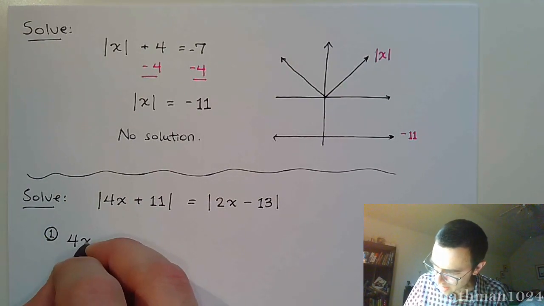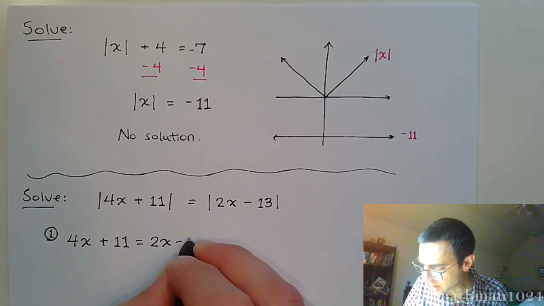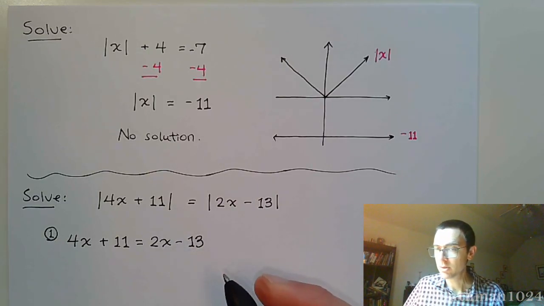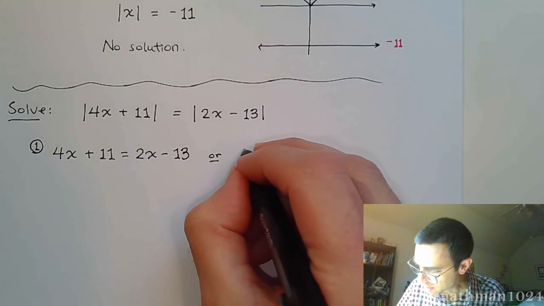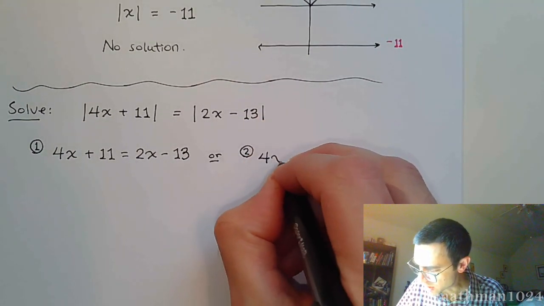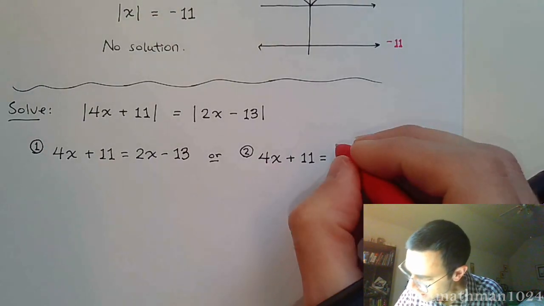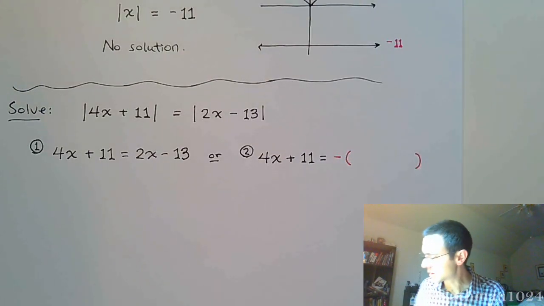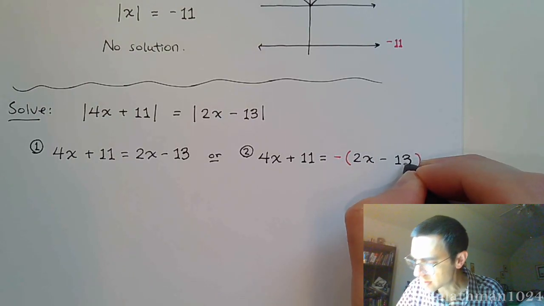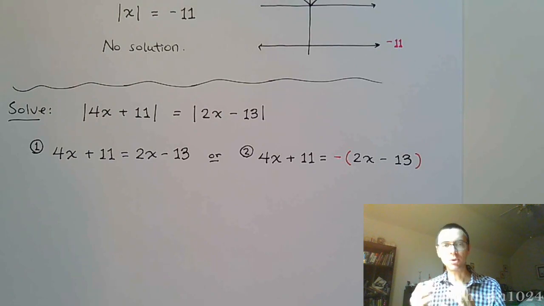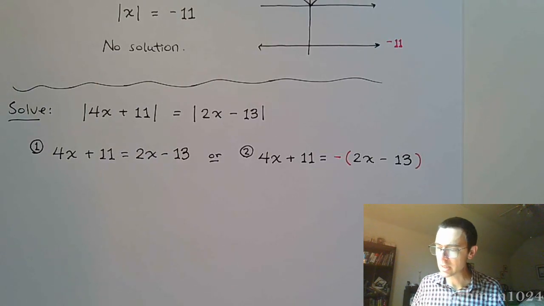One, if the absolute values are equal, that means that the expressions inside must either be the same, or the other possibility is that one expression, let's say 4x plus 11, is equal to the opposite of the expression inside the other absolute value. So make sure that you put that in parentheses with the negative, because that negative has to distribute if we were actually doing the opposite.